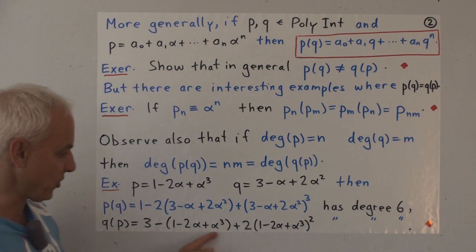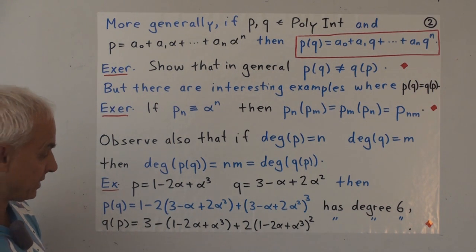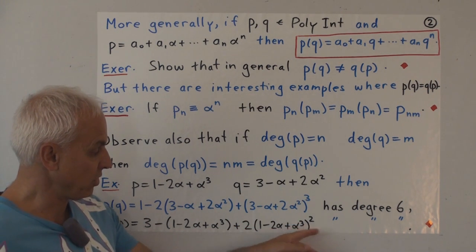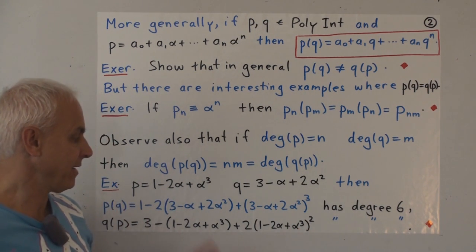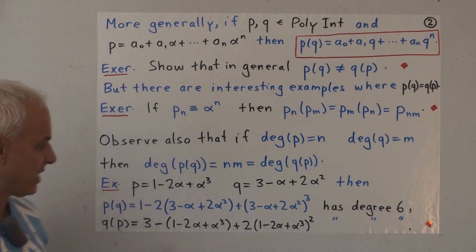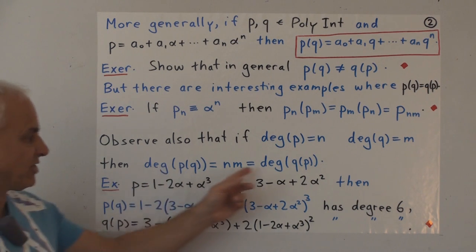And if we wanted to know what the degree of that was, well, we would look for the highest power of alpha after we expand. There's going to be alpha cubes here and here. There's going to be an alpha cubed all squared. So there will be an alpha to the 6th when we expand that out. That'll be of degree 6 also. So that's just illustrating, giving you an idea of why this statement is true.